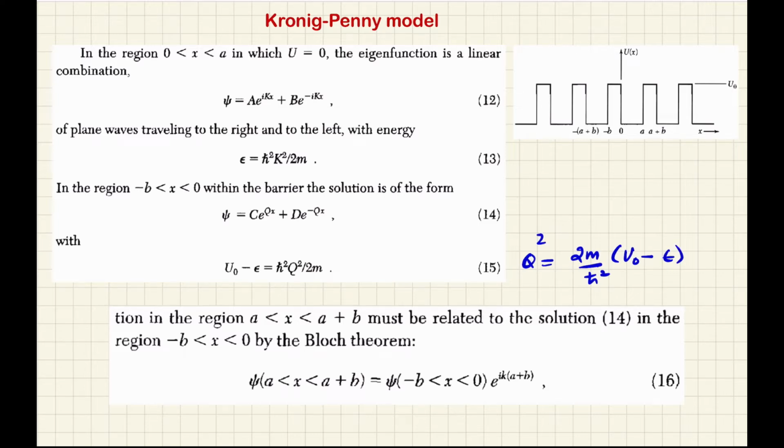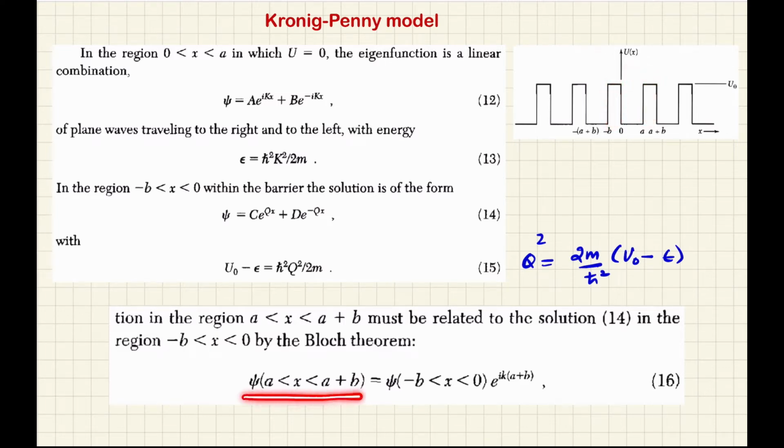And by Bloch theorem, the solution in the region between a and a plus b should be related to the solution in the region minus b to 0. These two solutions must be connected by the Bloch theorem. So how do you write it?